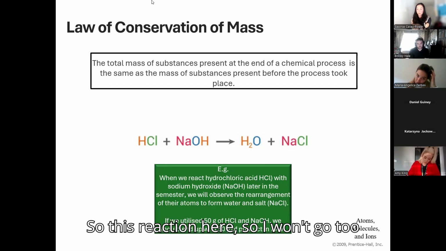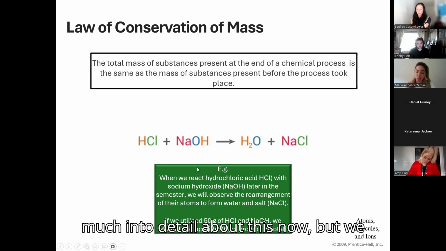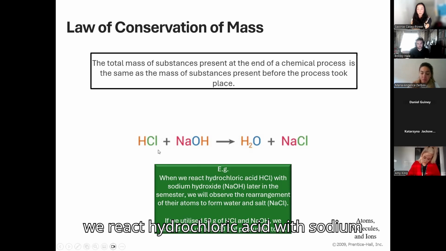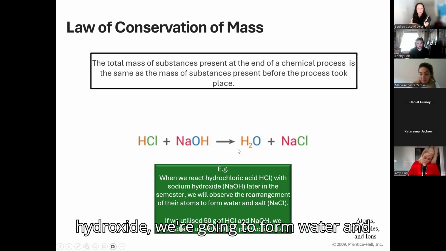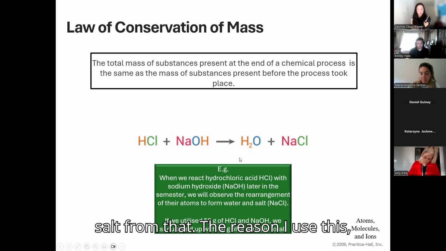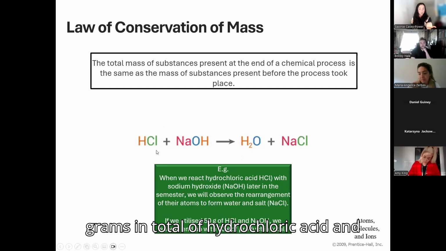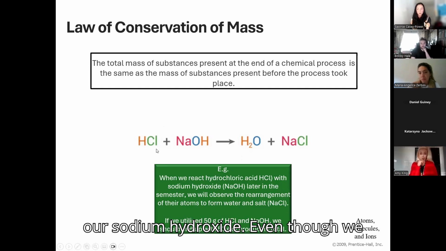So this reaction here, I won't go too much into detail about this now, but we will come across this in our labs. When we react hydrochloric acid with sodium hydroxide, we're going to form water and salt from that. The reason I use this is, say, for example, we used 50 grams in total of hydrochloric acid and sodium hydroxide.